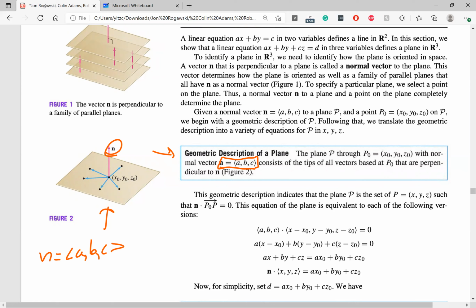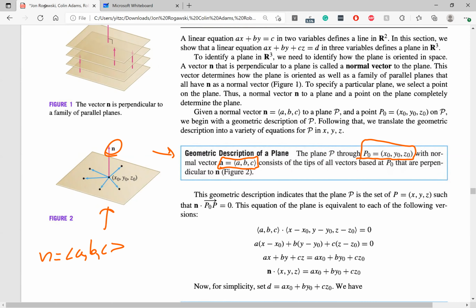If I have a plane, I can have a normal vector sticking out of it, but I can also shift the plane and still have the same normal vector. So what you need is two pieces of information. You need a point that this plane passes through, and you only need one, and then you need a normal vector. And once you have this point and your normal vector, you have your plane.